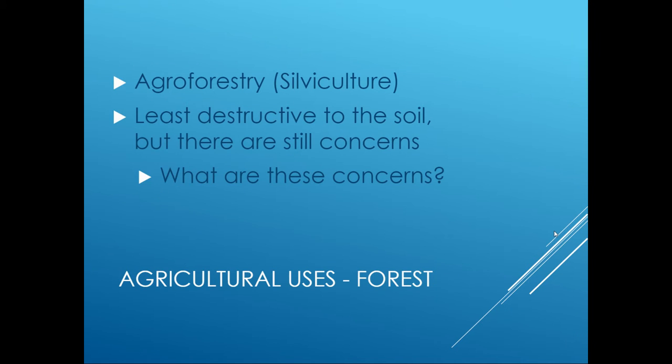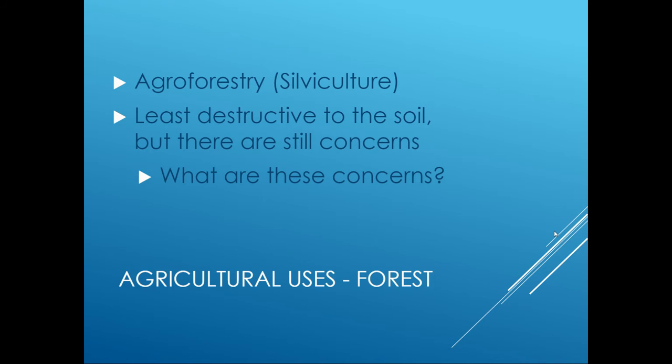All right, so another agricultural use is forest. This would be a perennial example of cropland, agroforestry or silviculture, and it's least destructive to the soil, but there are still concerns.